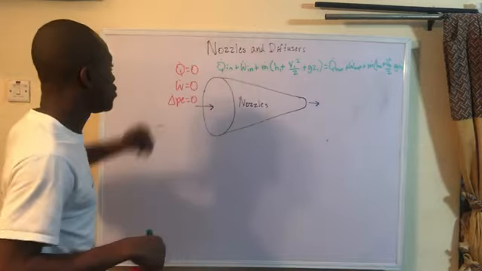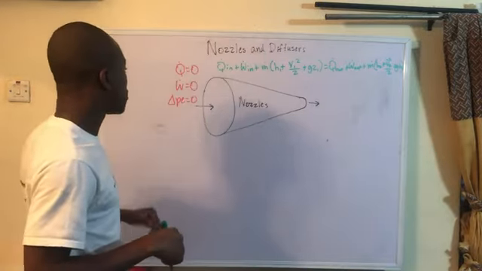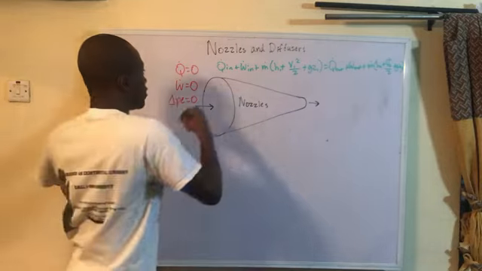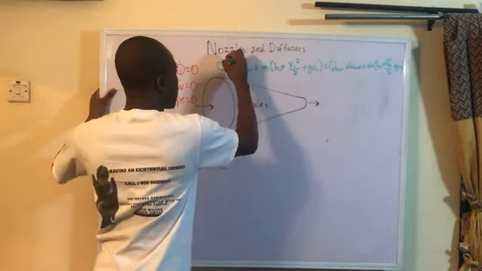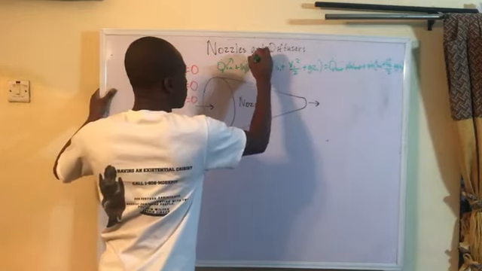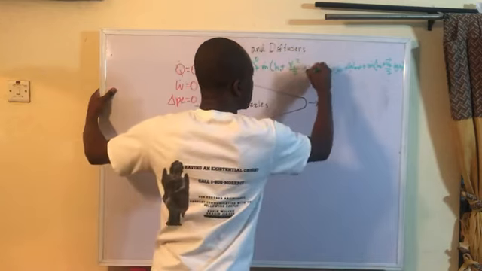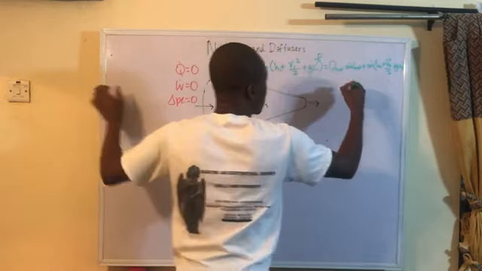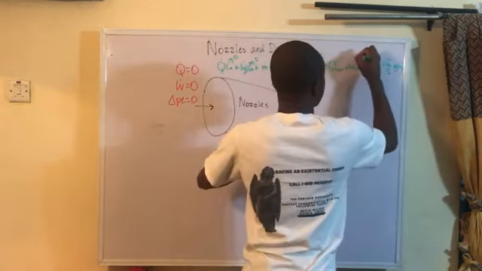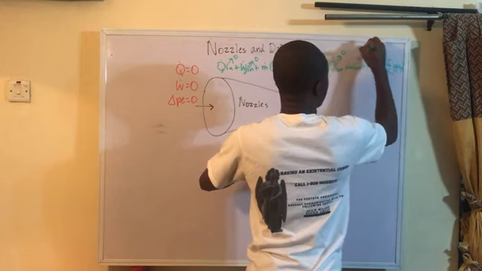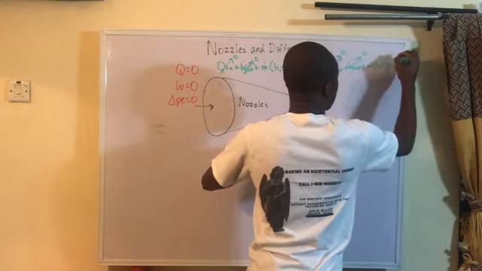And I've said Q dot is 0, W dot is 0, delta PE is 0, right? So I can cancel that out. That goes to 0. That goes to 0. This goes to 0, right? This goes to 0, this goes to 0. And this goes to 0.